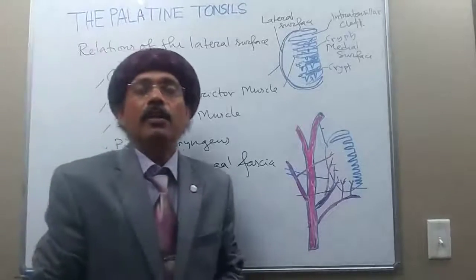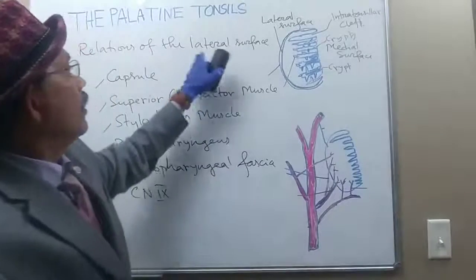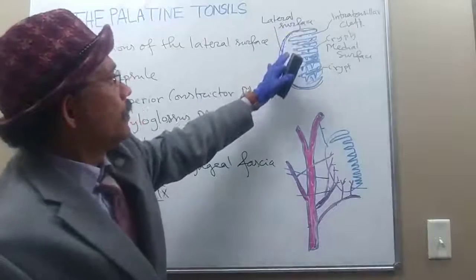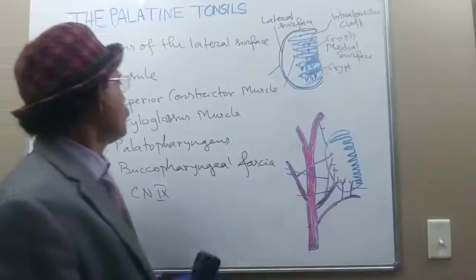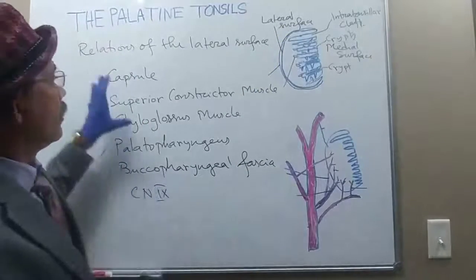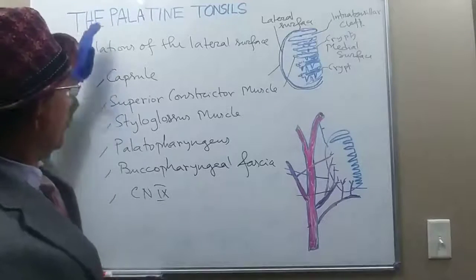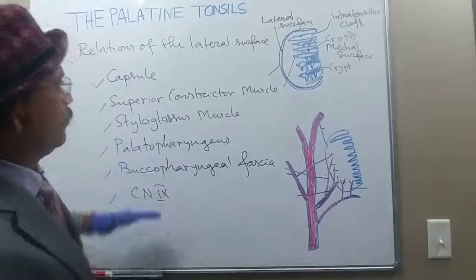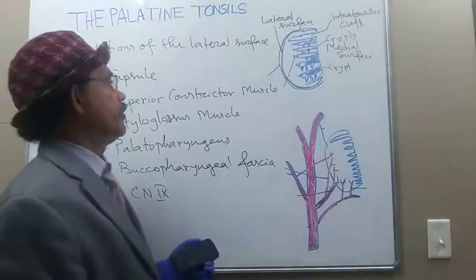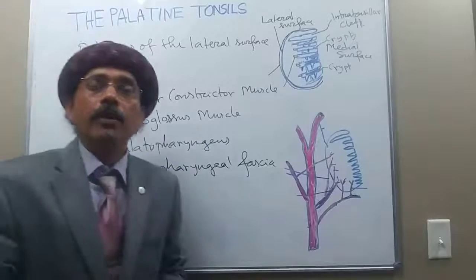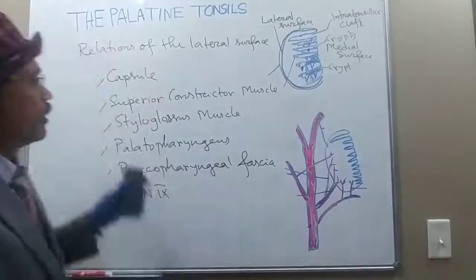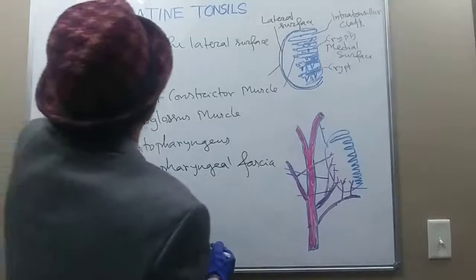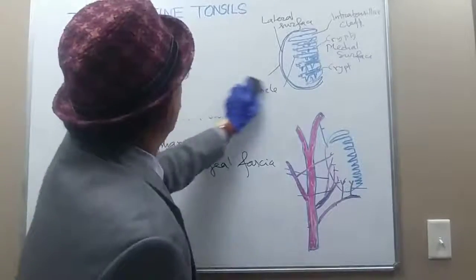These are related to the lateral surface of the tonsil. So we got the tonsillar bed and other structures associated with the lateral surface of the palatine tonsil. That is the relationship.